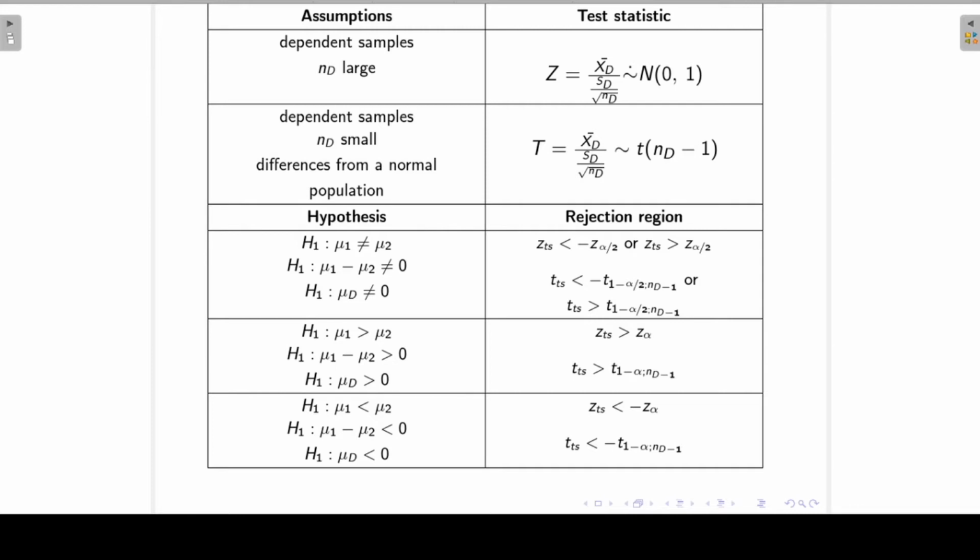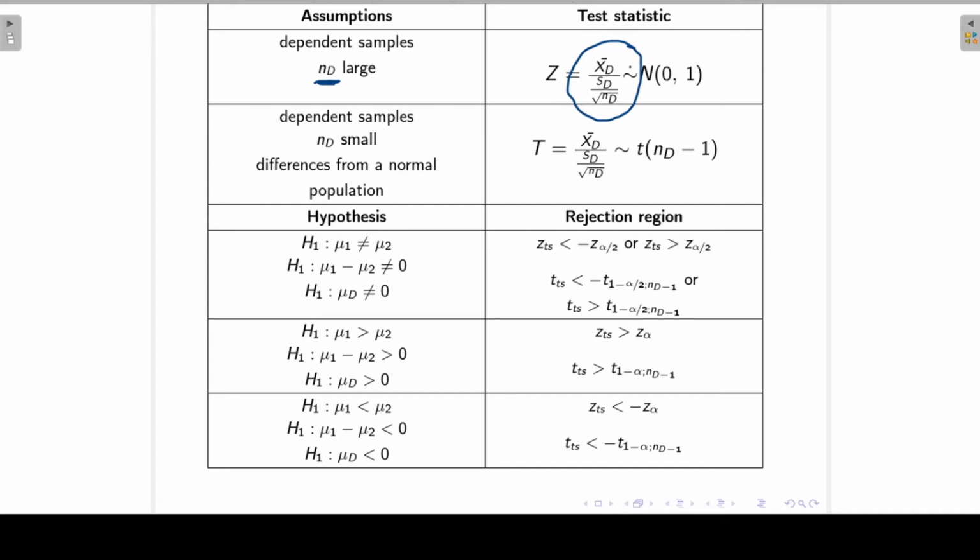So the assumptions, if we are working with dependent samples and n_D is large. Now, n_D is the number of pairs or the number of differences that we are working with. So in our example, we have 10 students, so we will have 10 pairs or 10 differences. If the sample size for the differences is large, then this will be our test statistic.